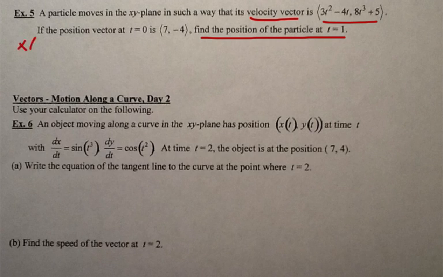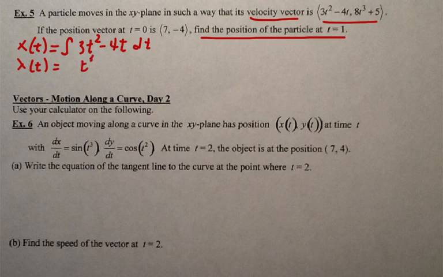So, x of t will equal the integral of 3t squared minus 4t dt. We're going backwards from velocity to position. So that's going to give me x of t. Now we're doing the power rule backwards. Add 1 to the power on the t.